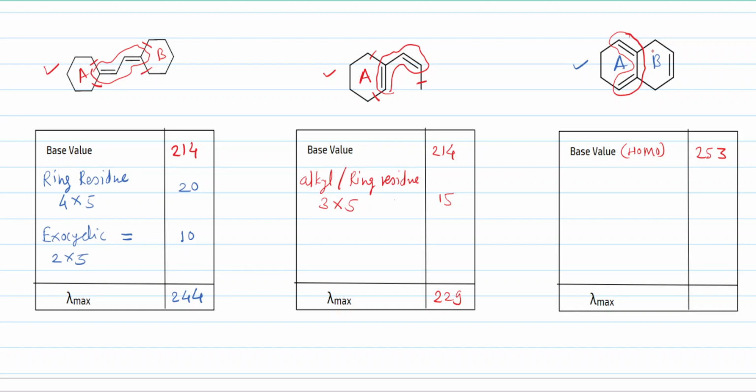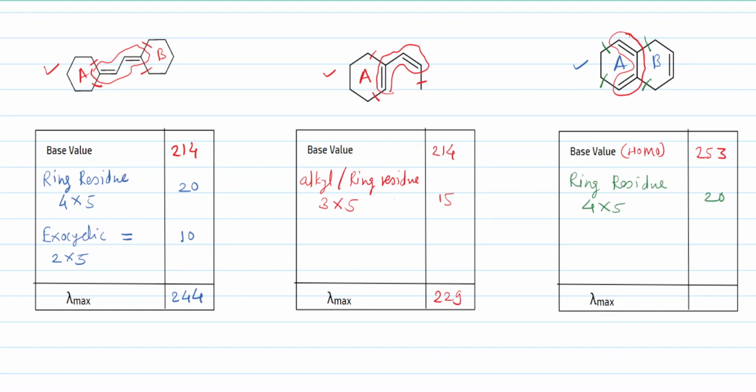Here we just have to identify the ring residue, because a cyclic system is there. So I will mark ring residue. This is the first, this is second, third and fourth. So ring residue, I will write here 4 into 5, it is equal to 20. Then for ring B, these two double bonds, they are exocyclic.